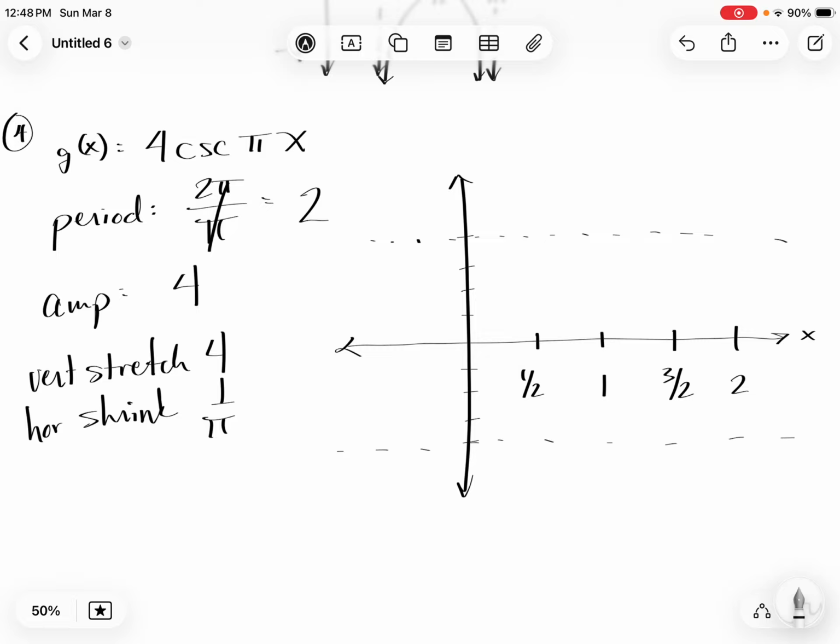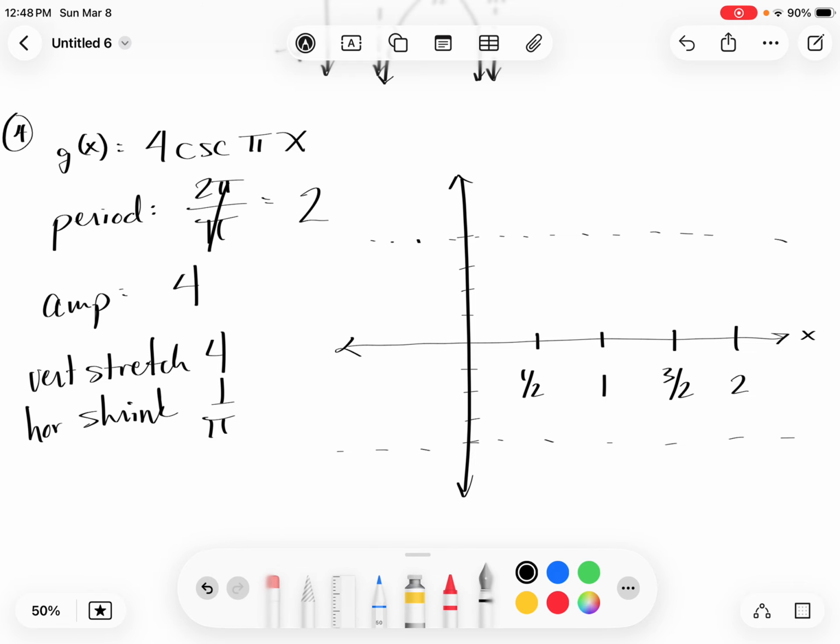Now, because it's a sine, remember, and I'm going to put the blue dots on here so you can see them. Sine would start here. It would go up and hit the amp, come back down to the middle line, down and hit the amp, come back to the middle line. Where you make your asymptotes is any time it hit that middle line. So you would have one right on top of the y-axis, right at the number 1, and right at the number 2.